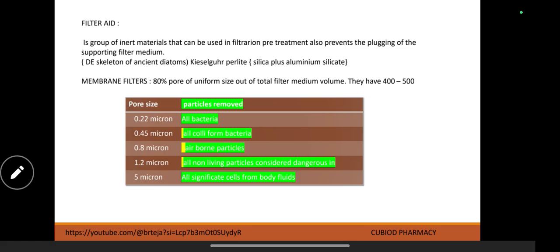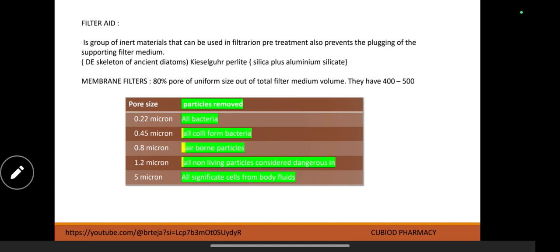Next, filter aid is a group of inert materials that can be used in filtration. Pre-treatment also prevents the plugging of the supporting filter medium. Examples: diatomite, kieselguhr, perlite, silica plus aluminum silicate. Membrane filters have 80% pores of uniform size out of the total filter medium volume, with a thickness of 400 to 500 microns.